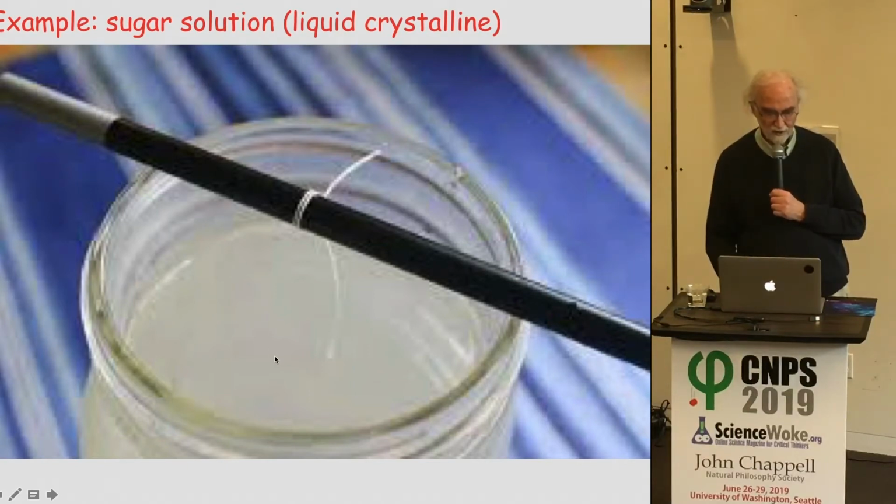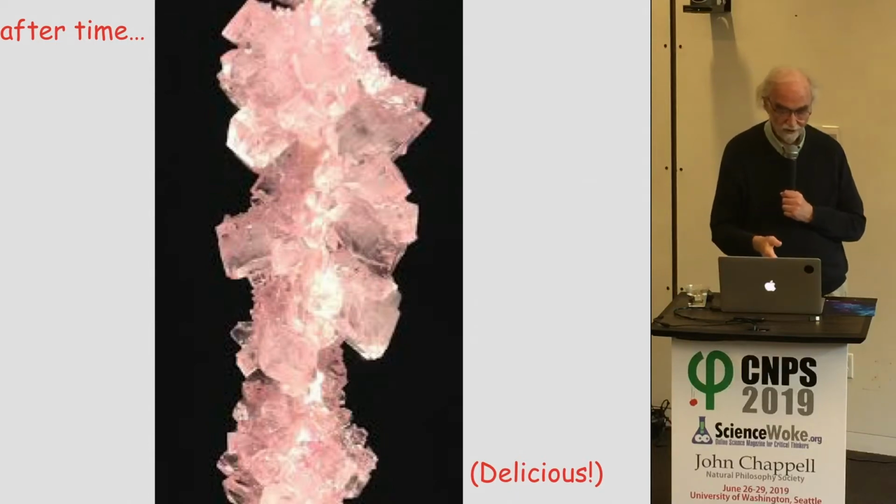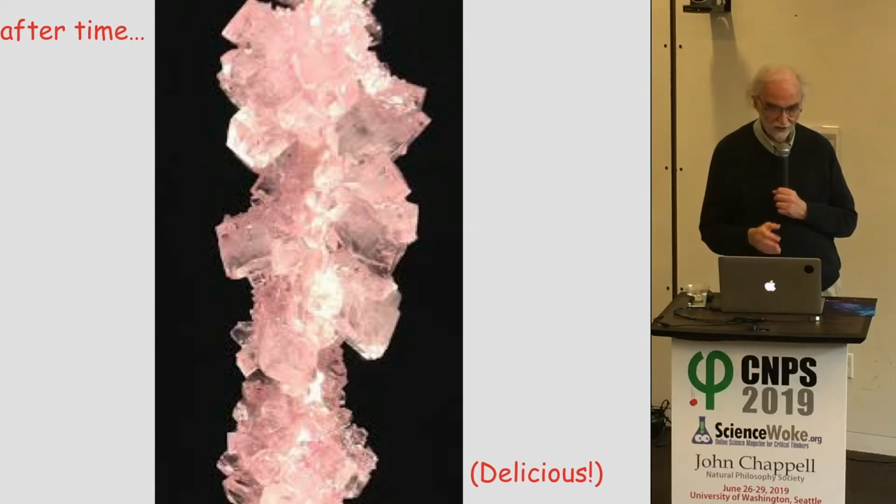And it appears that the sugar solution creates a kind of liquid crystal. And you know, if you put a string in here and you wait long enough, then you get some rock candy, which is basically solid sugar, crystals of sugar. So you've taken something that's a liquid crystal and it's solidified.